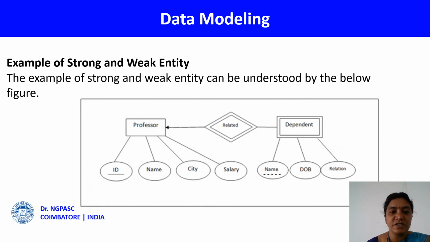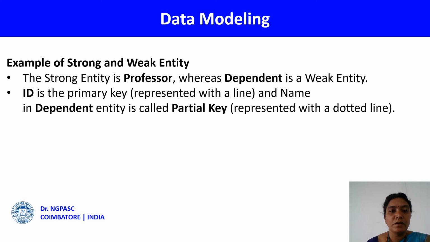As we have discussed already, a strong entity is represented with the help of a single rectangle, whereas a weak entity is represented with the help of double rectangles. The example of strong entity is the professor, whereas the dependent is the weak entity.